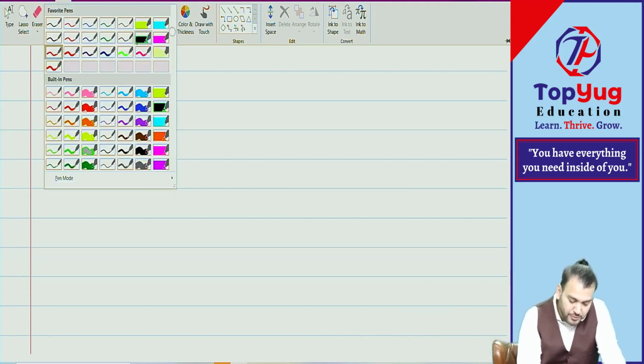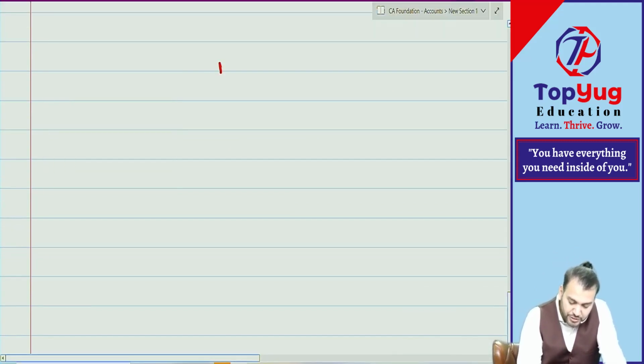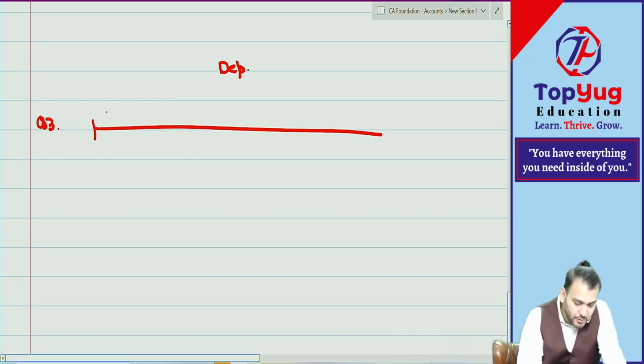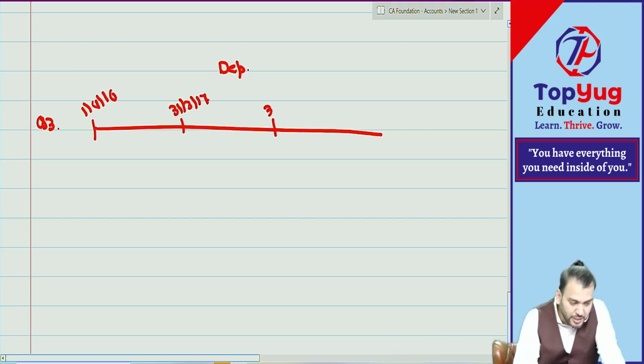It means we are doing the depreciation chapter, question number 3. What they have given, it was purchased on which date? 1st April 2016. Then first year it will be 31st March 2017. Then it will be 31st March this calendar year.